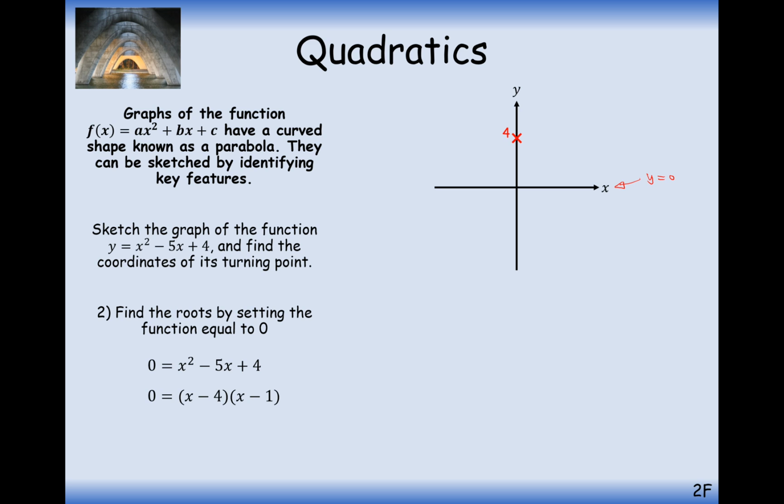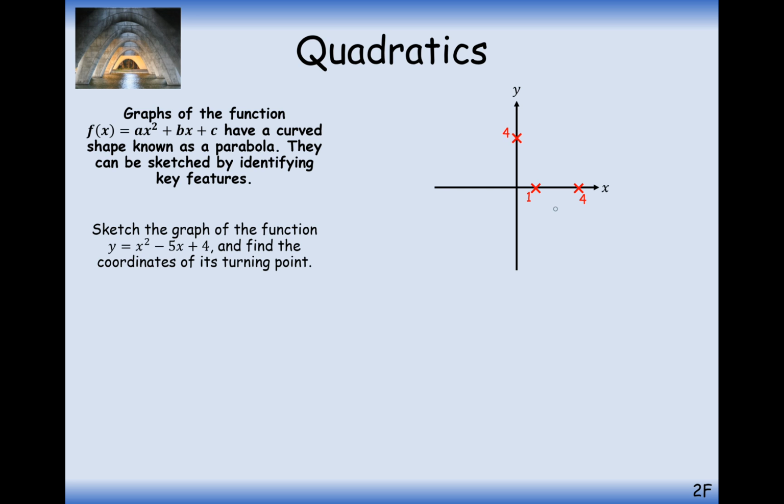In this case we can factorize it: (x minus 4)(x minus 1). One of the brackets must equal 0, so either x is 4 or x is 1. So along our graph we have one solution at 1 and one solution at 4.